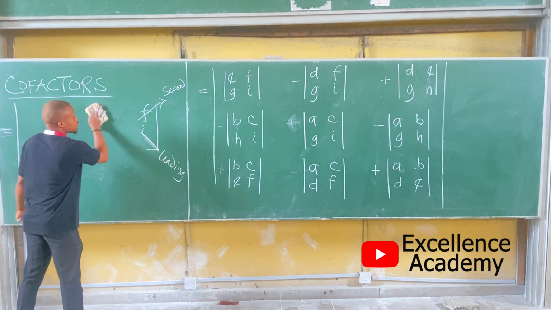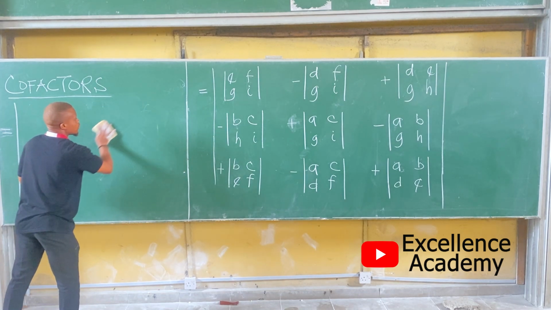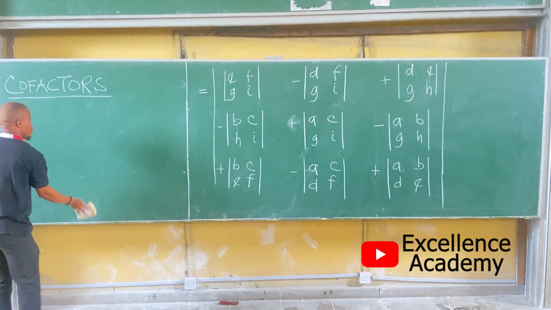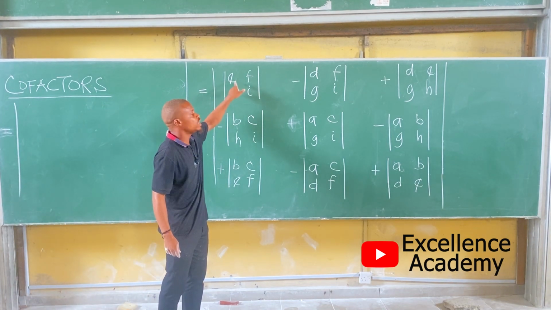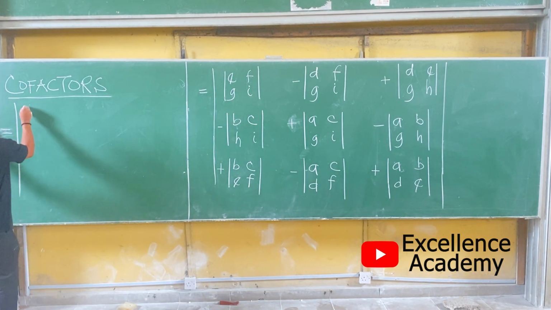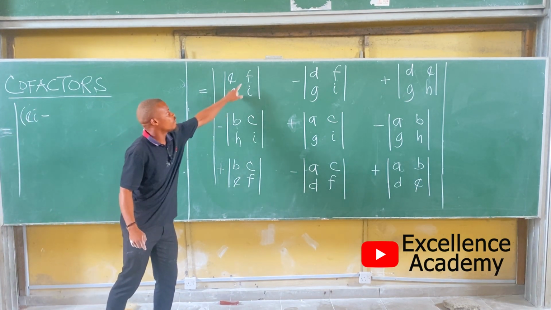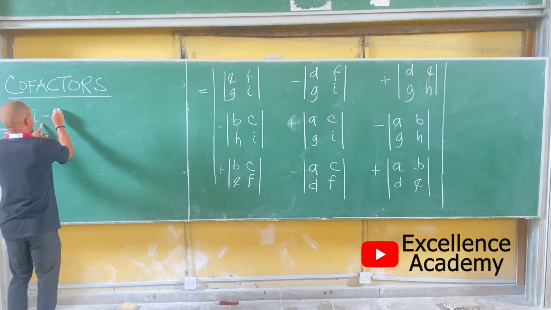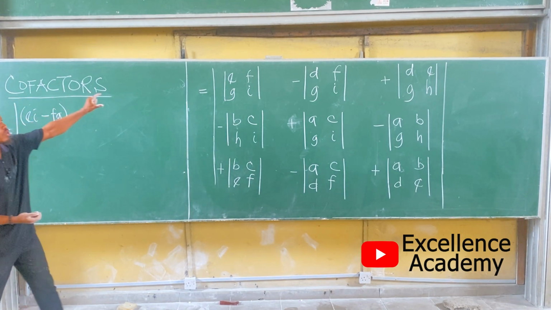Let's get the cofactor of this. For this, what do I have? I'm having E times I, EI minus F times G, FG. So that gives you your determinant for that particular point.